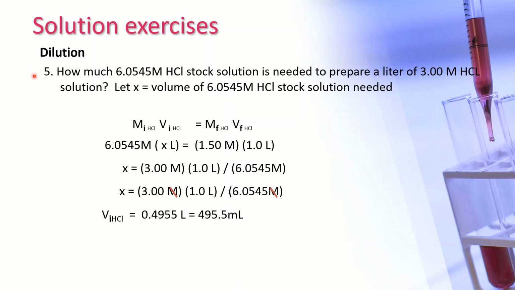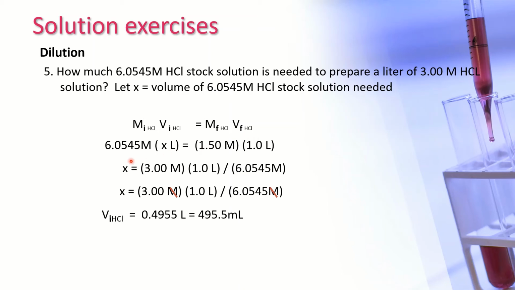Number 5. How much 6.0545 M HCl stock solution is needed to prepare a liter of 3 M HCl solution? You let X be the volume of the stock solution needed. The formula to be used in this problem is MV initial is equal to MV final. So M initial concentration of HCl times the initial volume of HCl is equal to the final concentration of HCl times the final volume of HCl.